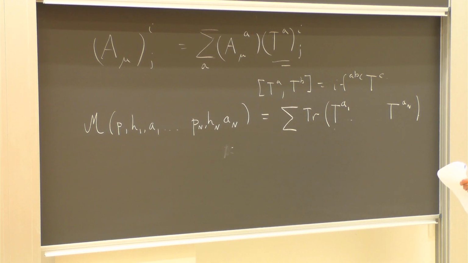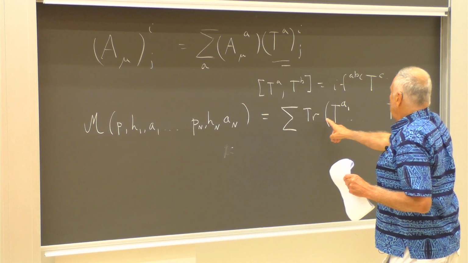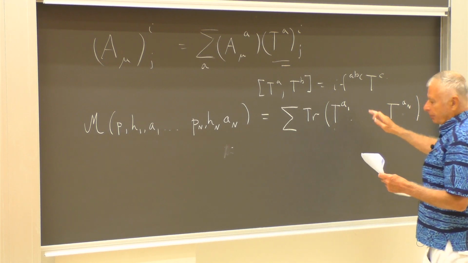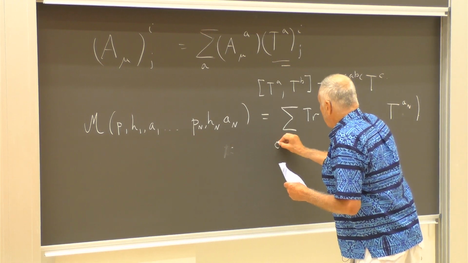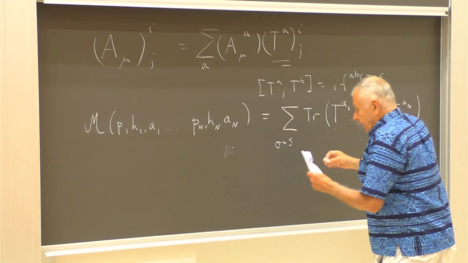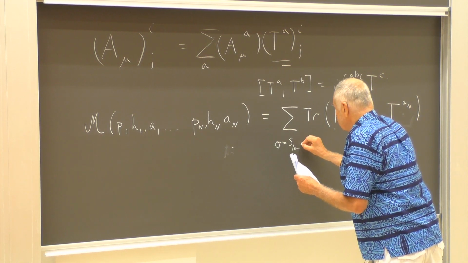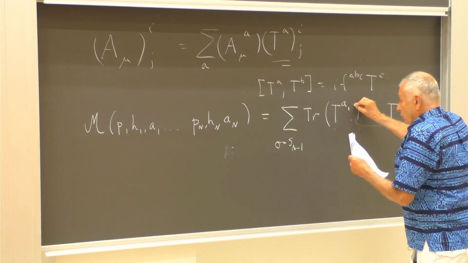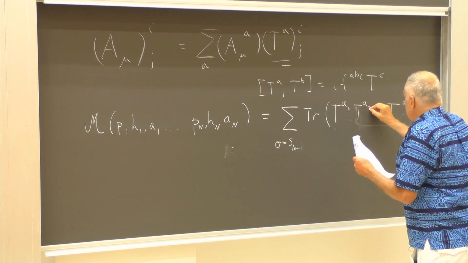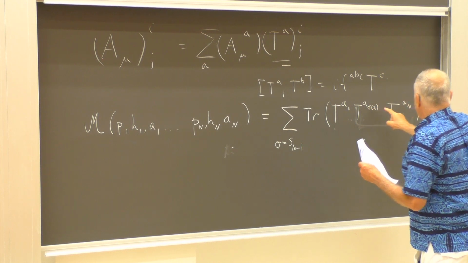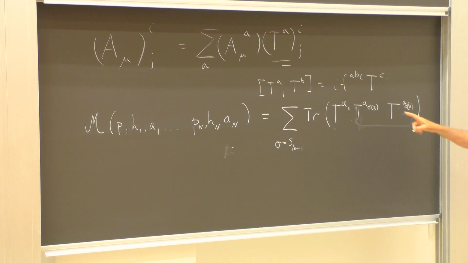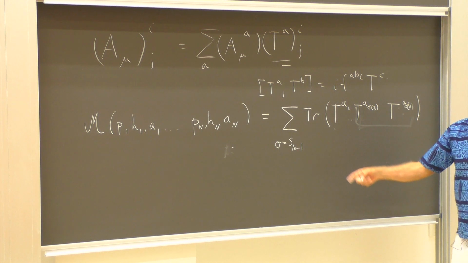There will be several color factors, and all of them can be obtained by summing over all permutations of n-1 generators, where you permute the color indices from 2 to n by a permutation. Together you have (n-1)! possible terms.